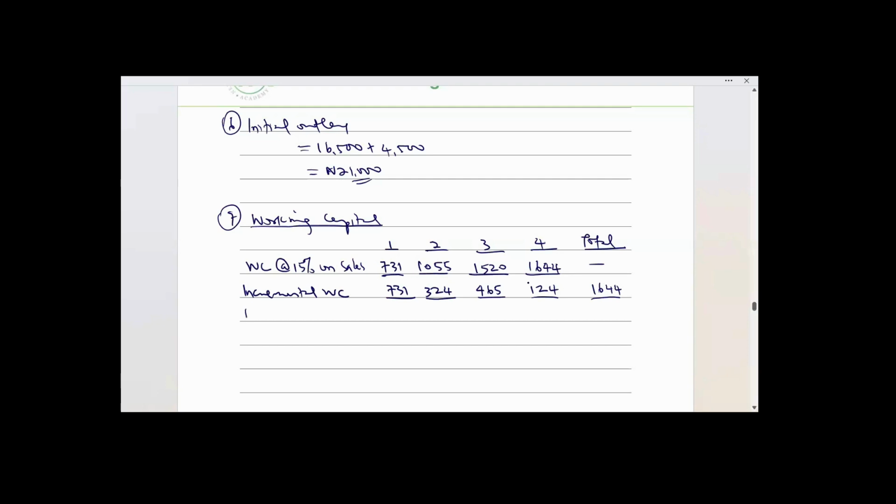Therefore, what's the relevant year? Remember, the rule says that working capital should be treated as cash outflow in the year before the year of occurrence and recovered fully at the end of the useful life. The first year working capital is treated as cash outflow in year 0. The second one, cash outflow in year 1. The third year, cash outflow in year 2. The fourth year, cash outflow in year 3. Then at the end of the useful life, which is year 4, you recover all the working capital.